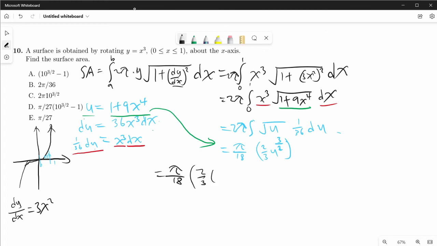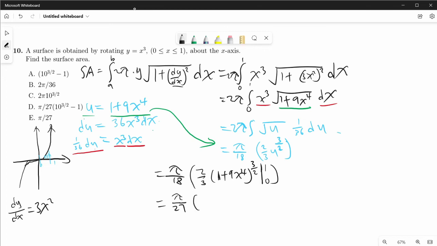Now I can put the limits back in from 0 to 1. I can move the constants all outside. It would be pi over 27. The 2 cancels out with a 2 there. And now plug 0 and 1 in.